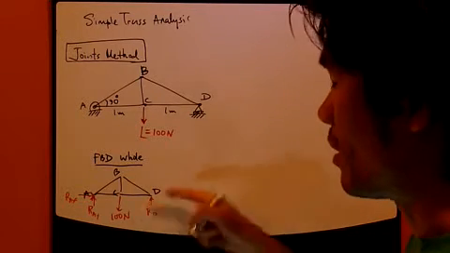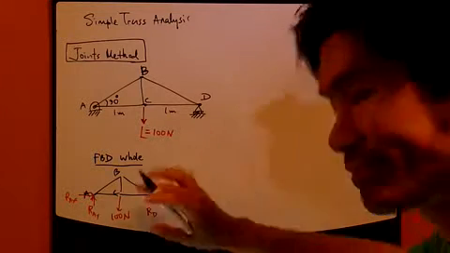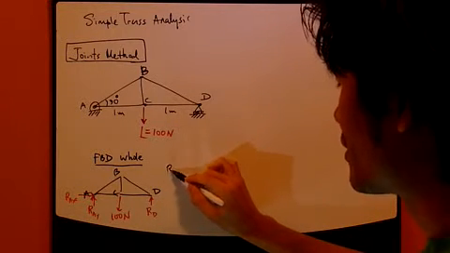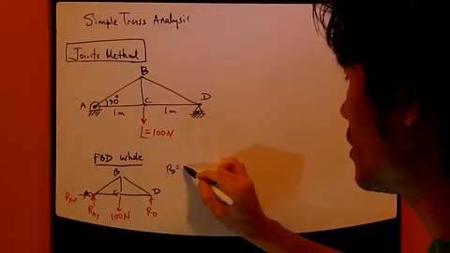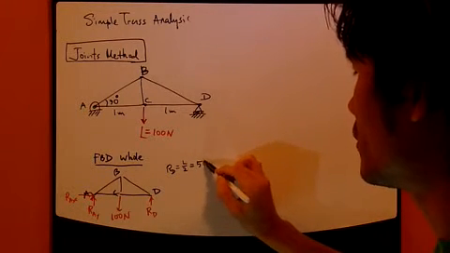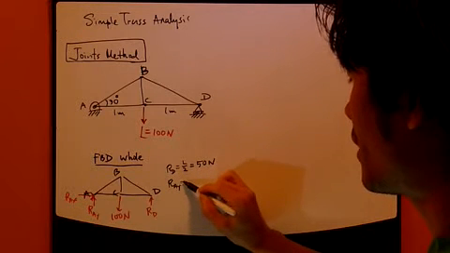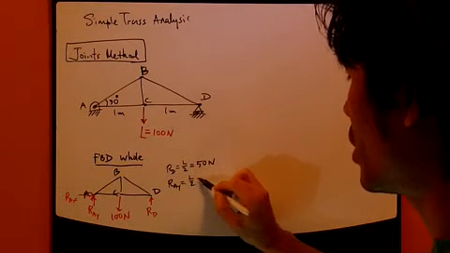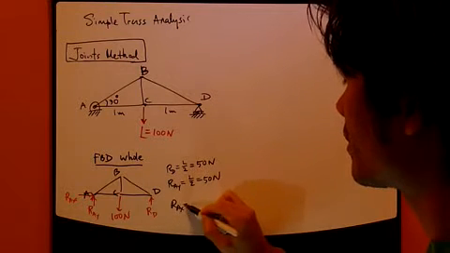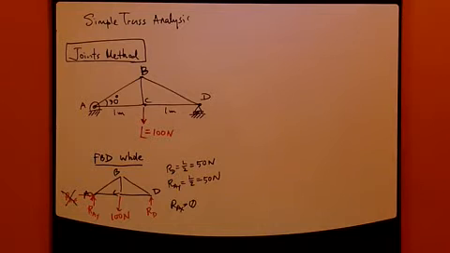And this is a rigid body, so just like before, exact same thing. The result is RD equals 1/2 of the load, and that equals 50 Newton. RAY equals, again, 1/2 the load equals 50 Newton. And RAX equals 0. So that doesn't exist at all.